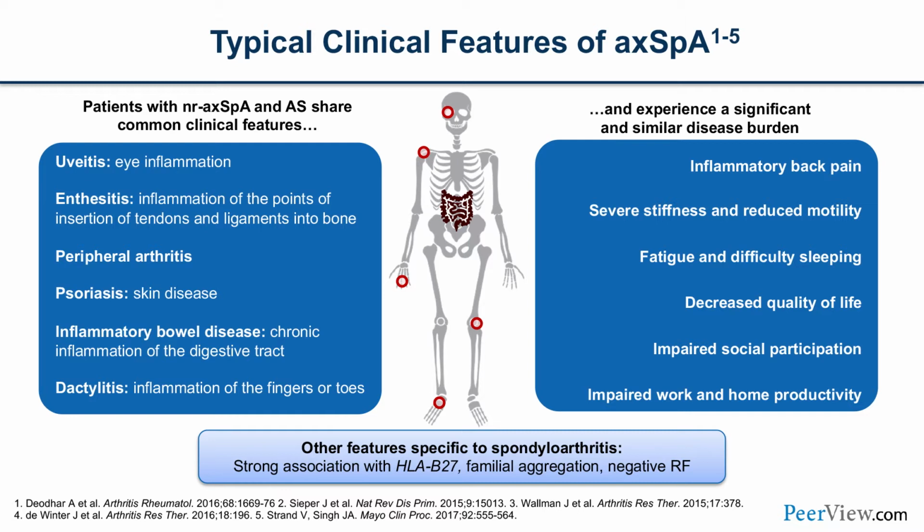There's over 100 of them anatomically in our body. Peripheral arthritis, psoriasis, a very common immunologically driven skin rash, and inflammatory bowel disease. And then one of the musculoskeletal complications, which is so telling when you see it, is dactylitis, with multiple joints within one digit being swollen and painful, the so-called sausage digit.